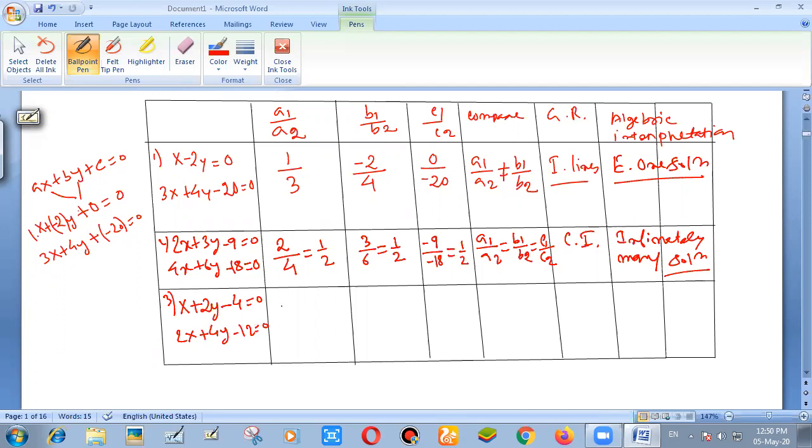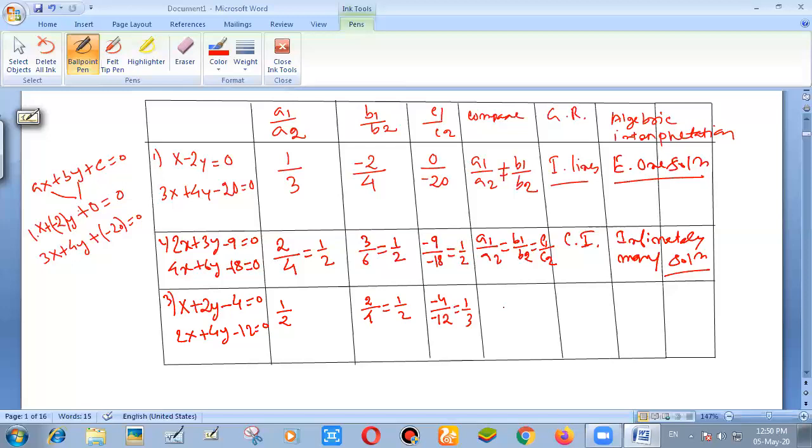A1 is 1, A2 is 2, so 1 by 2. Then b1 by b2: B1 is 2, B2 is 4, again 1 by 2. Then c1 by c2: minus 4 by minus 12. Minus and minus will get cancelled, so it will be 1 by 3.